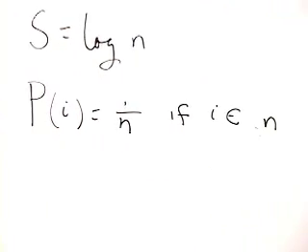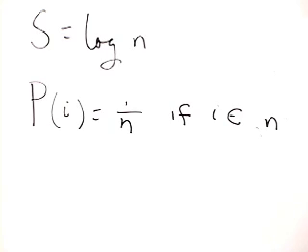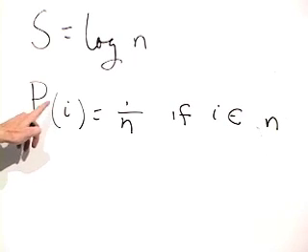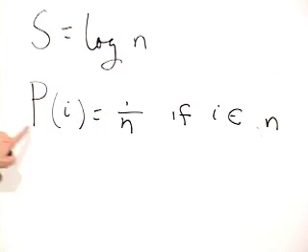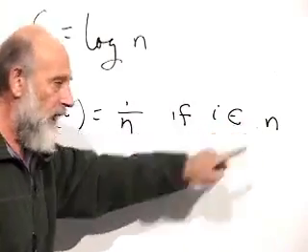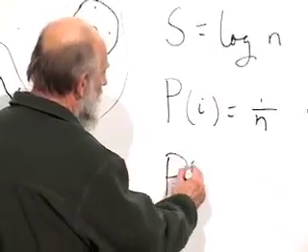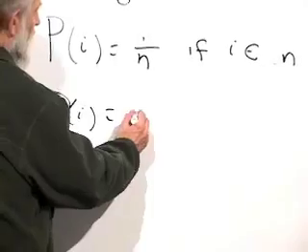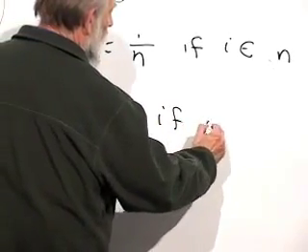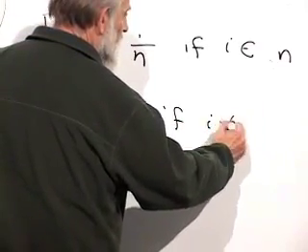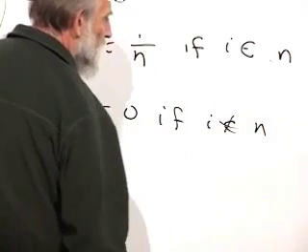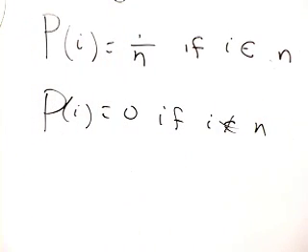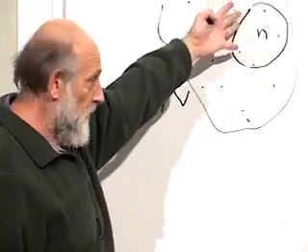This is the subset n. I've used it to label both the number of elements and also the subset itself. P sub I is just 1 over little n if I is in n, and P sub I is 0 if I is not in n. That's what it means to say we know the system is in n, but we don't know anything else.